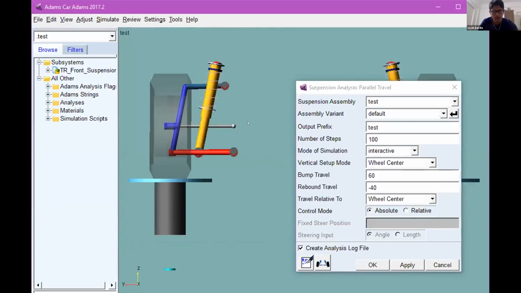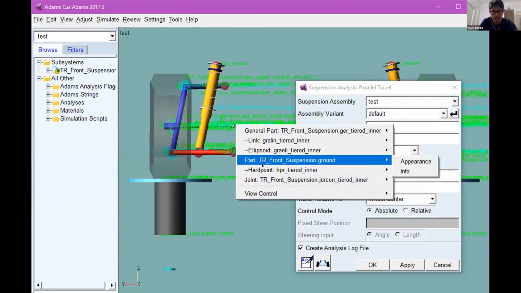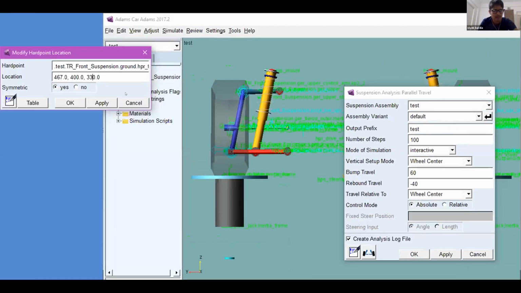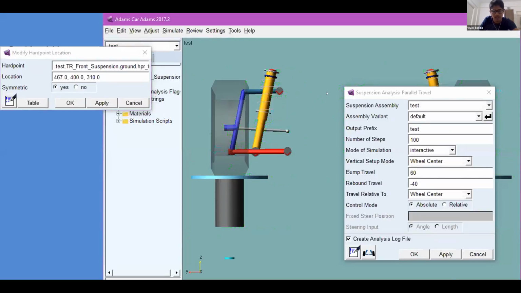Now let us have a different case wherein the tie rod is not positioned properly. If you don't have the right position, let us just change it in Z by say 20 mm. Now what you're seeing over here, just look at this. Your tie rod is not parallel to the links anymore, right?